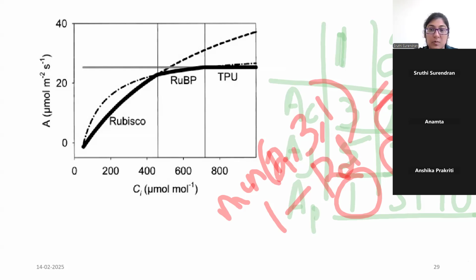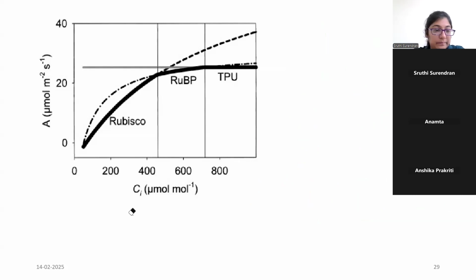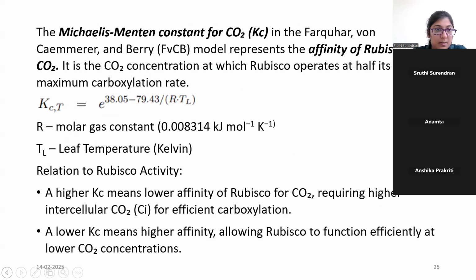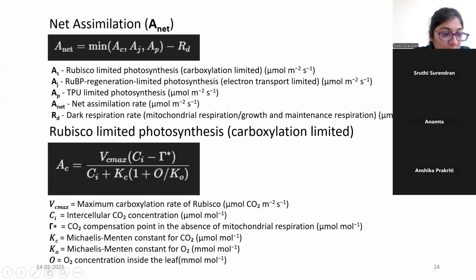Again, when we go into the equation and solve all these, we'll be able to understand a little bit more. So in this equation, we take the minimum of AC, AJ, AP.